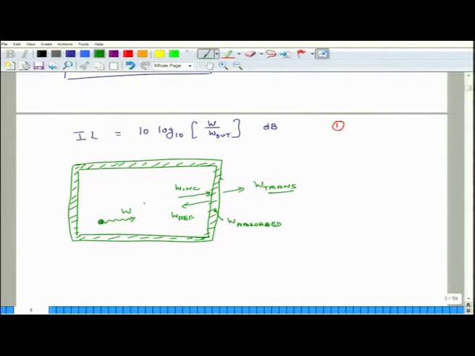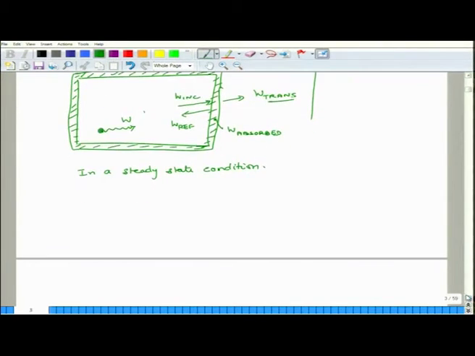Okay. Now, in a steady state condition, I can say that the total number of watts which are being generated by this machine, what will happen in a steady state condition when nothing is changing inside the enclosure?